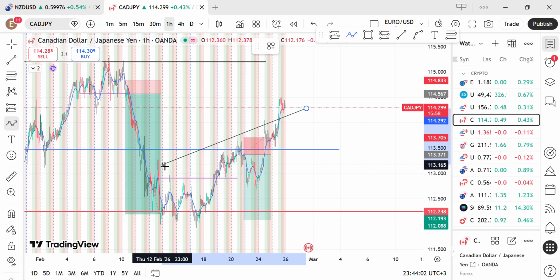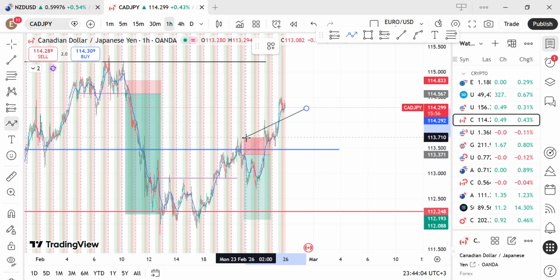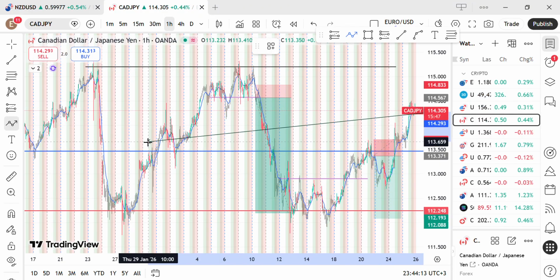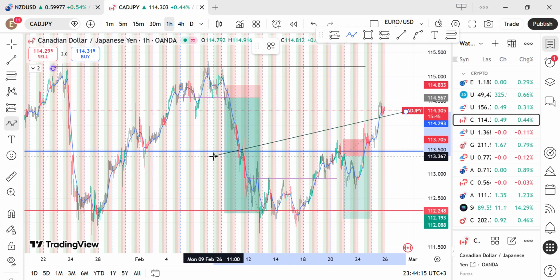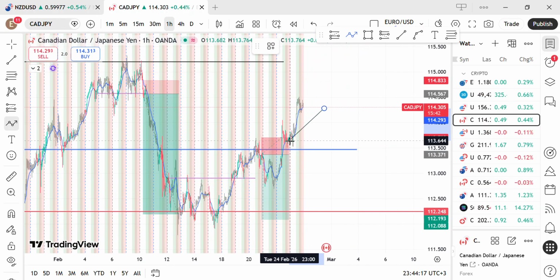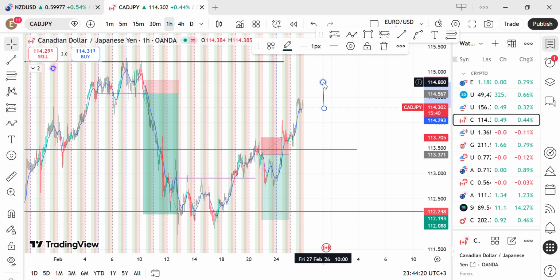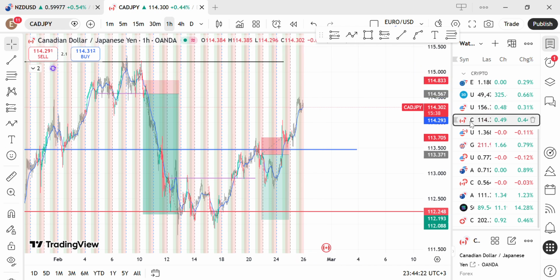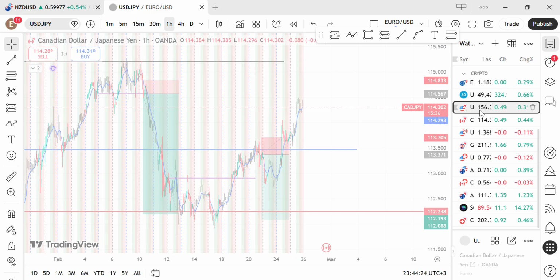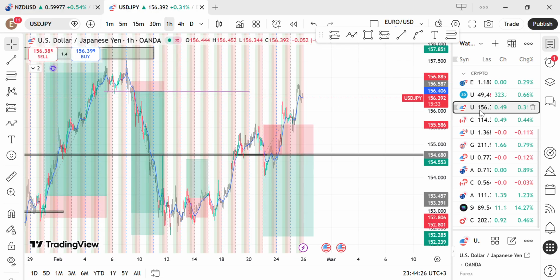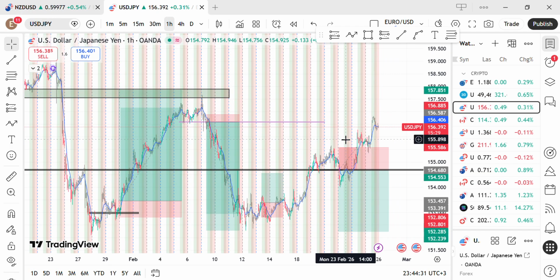Once it even broke here, continuation. Then above this level, they're buyers. And it looks like they just reached here. But no, I'm out. I'm just taking a recap. Where's the JPY?